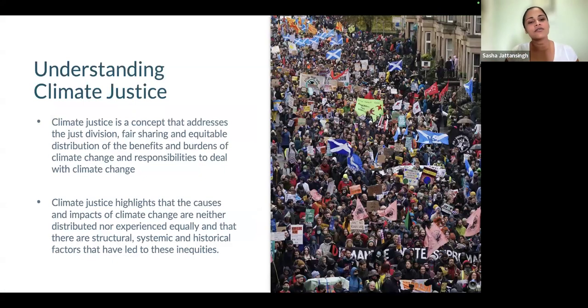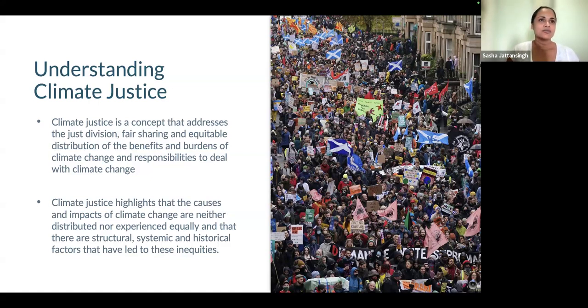So in terms of understanding loss and damage, it's really trying to understand loss and damage and climate justice in the context of what's happening.